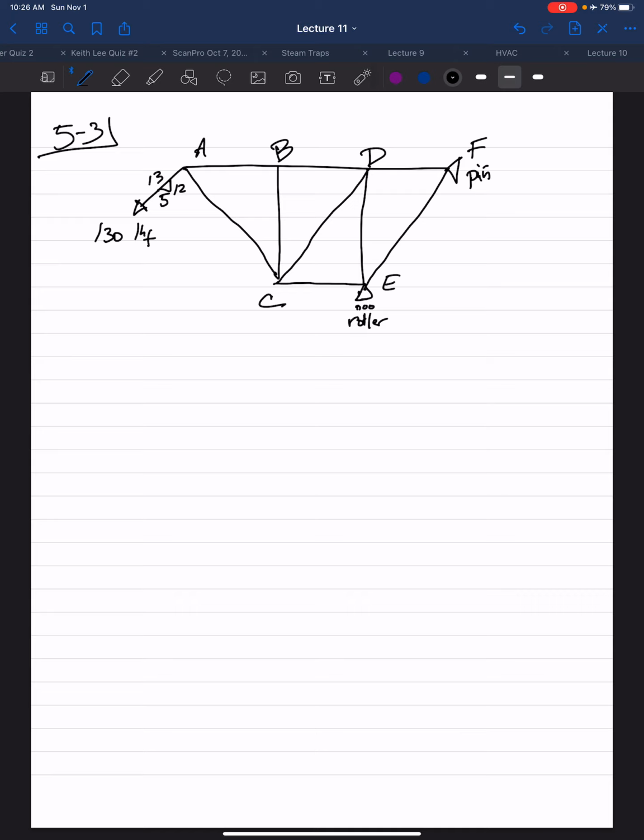So if I start at joint A, there's one known, the 130 pound force, and two unknowns, the force in members AB and AC. So we can get to work.